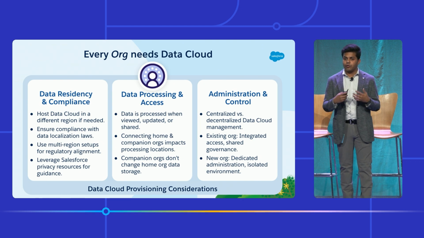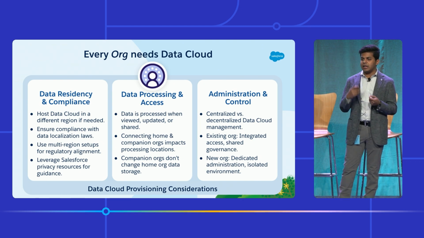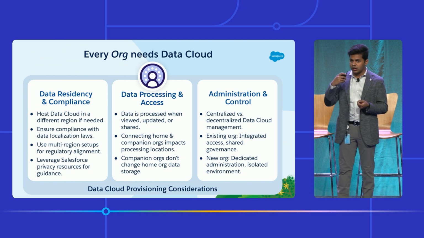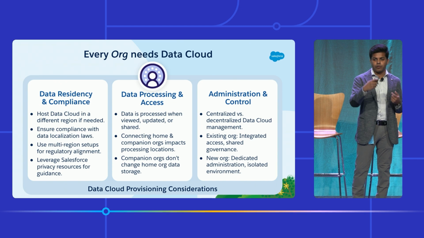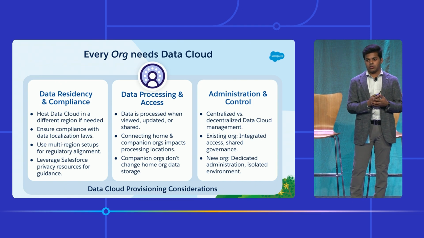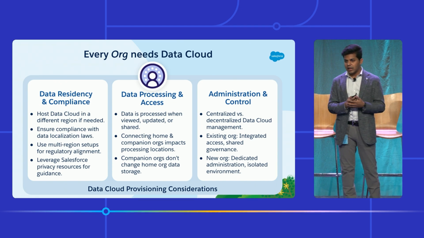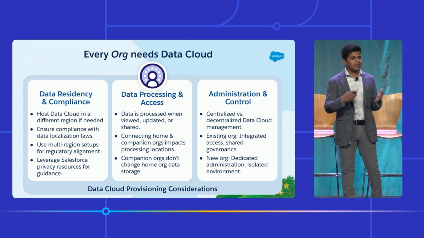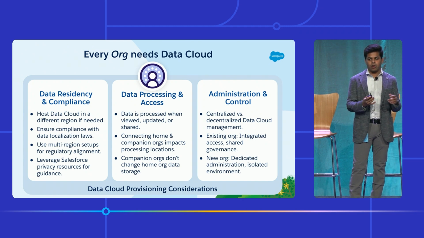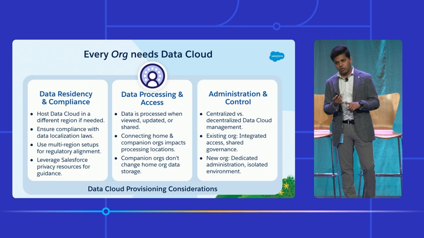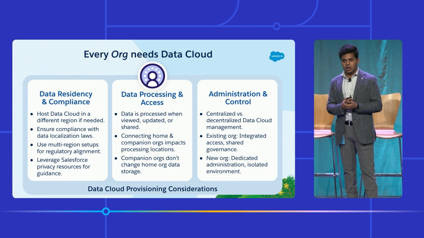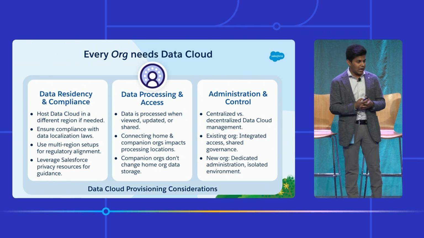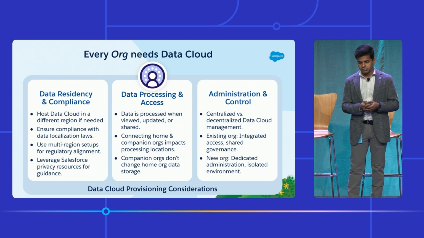So if you have any data residency requirements and you want it in a certain AWS region, I would highly encourage you to first check the mapping of your core org with the Data Cloud region associated with it and consider that as a factor. At the same time, when architecting for latencies and for your Agentforce requirements, think about the legal compliance requirements, especially in a multi-region ecosystem in your enterprise architecture.